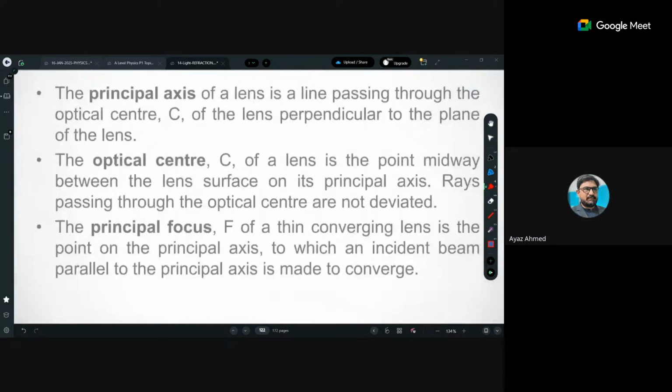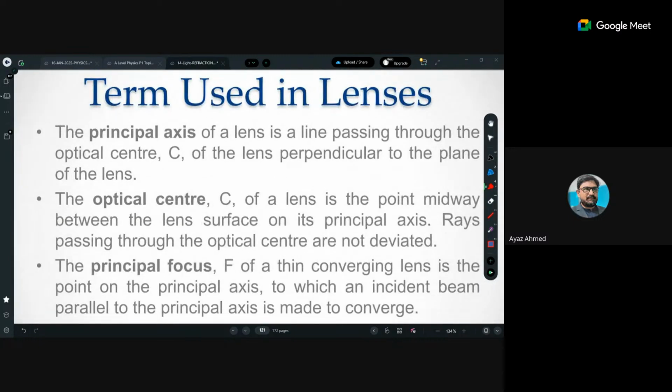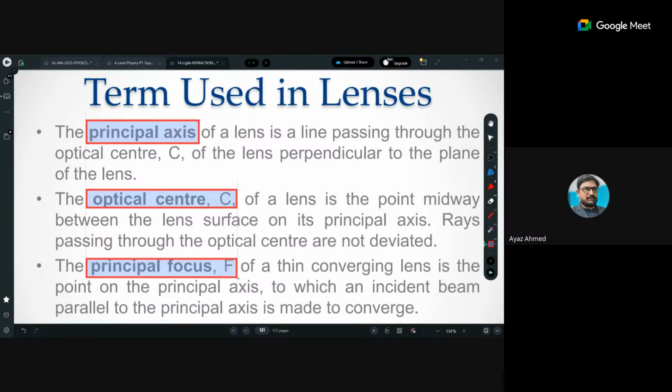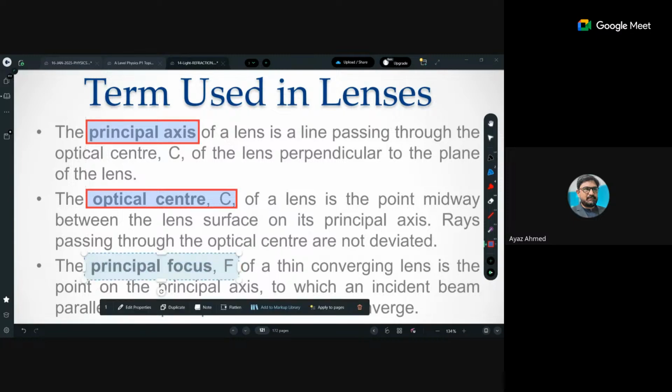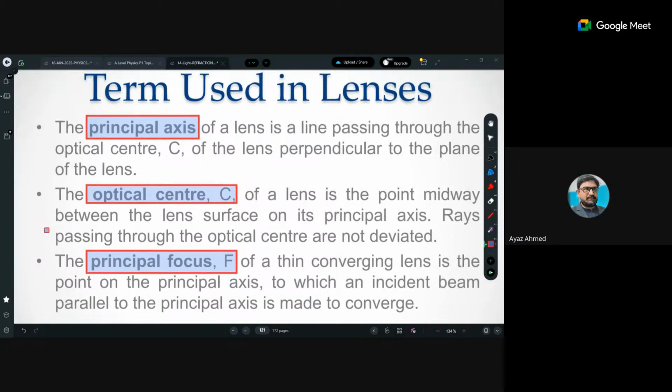Before reaching the focal length, I have to explain some mandatory points: the principal axis, the optical center, and the principal focus. If you know all of these, then you will come to know about the focal length. Principal axis is the main line which passes through the geometrical center of the lens, and it is perpendicular to the plane of the lens.